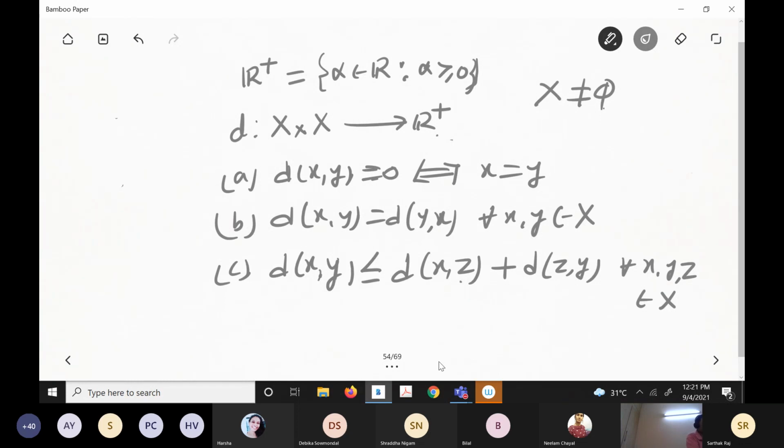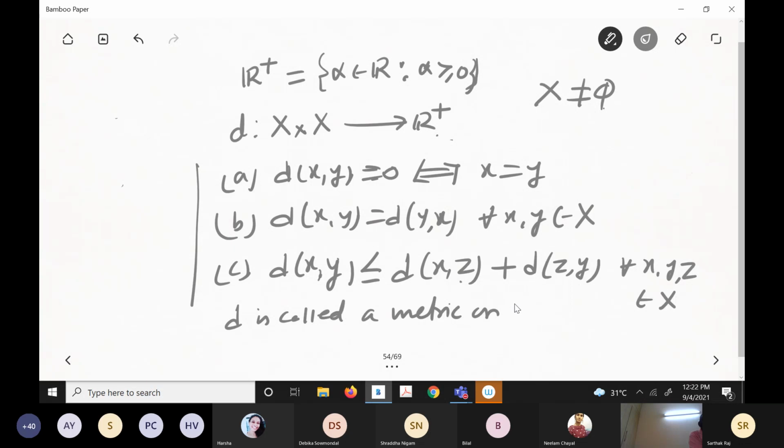Okay, right? So if you have these 3 conditions satisfied, then D is called a metric or distance. Some people still call it a metric, a distance. But distance usually we preserve from the real line or complex plane.